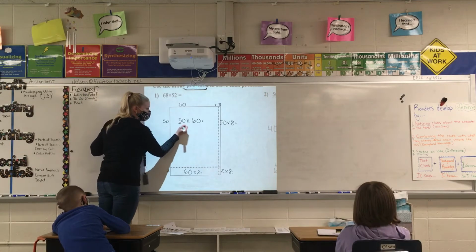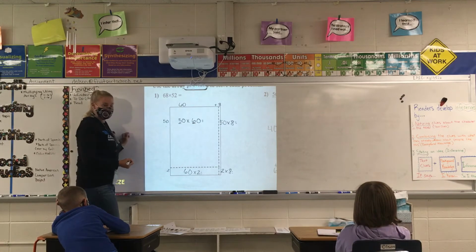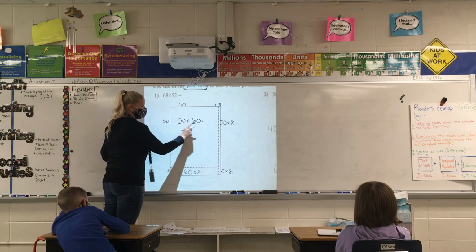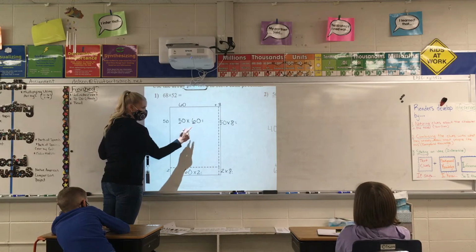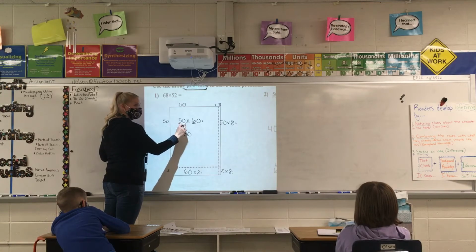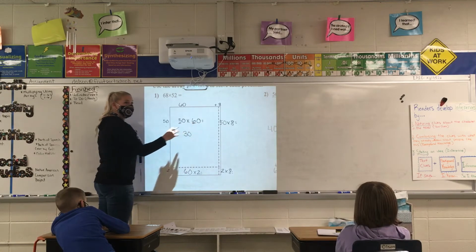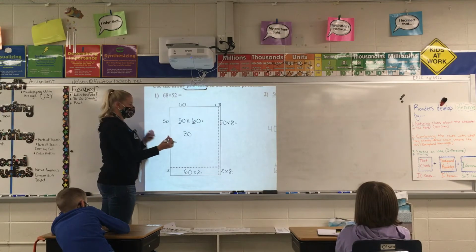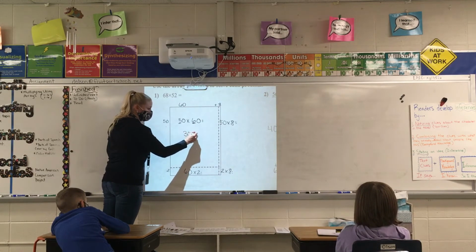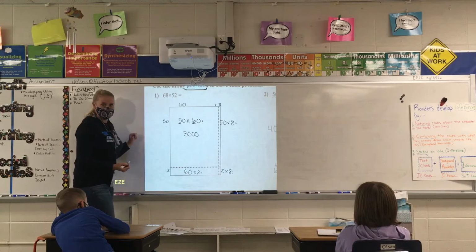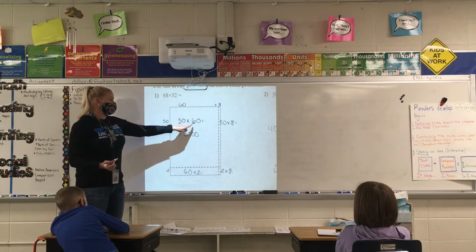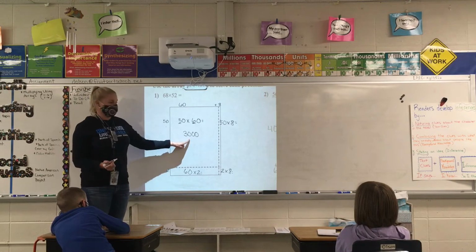I'm going to underline my 5 and my 6, okay? Which 5 times 6 is what? 30. And then it's going to get 10 times bigger here and 10 times bigger here, which means it's going to get 100 times bigger. And I can add both those zeros to hold that place value. So 50 times 60 is 3,000.